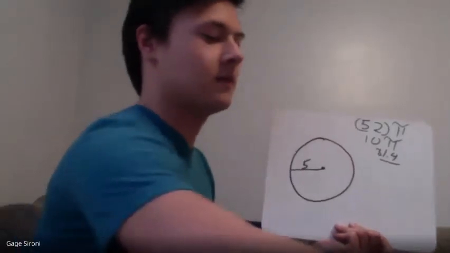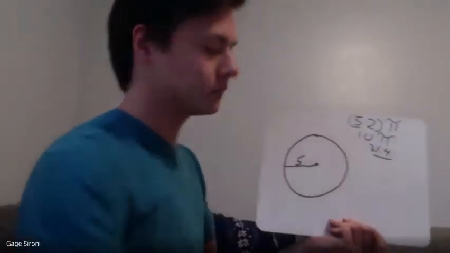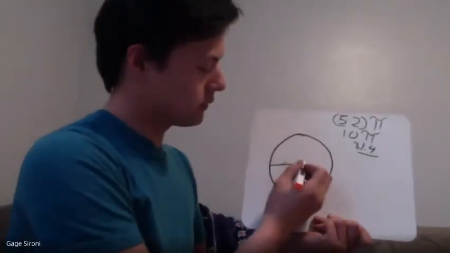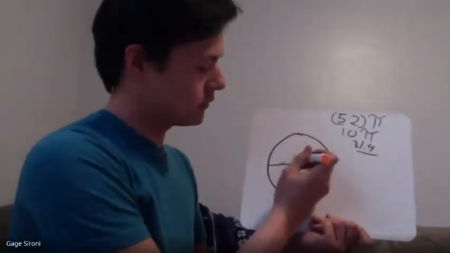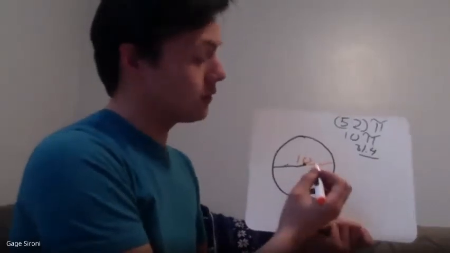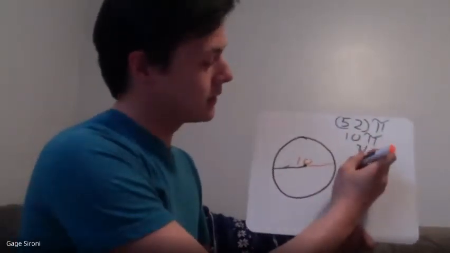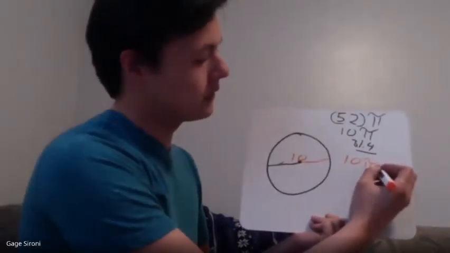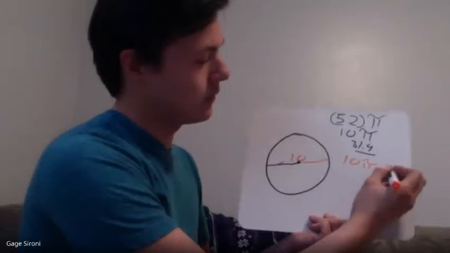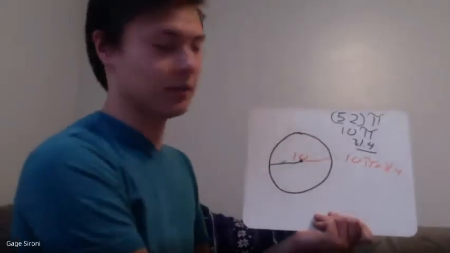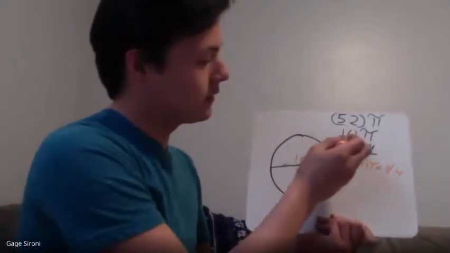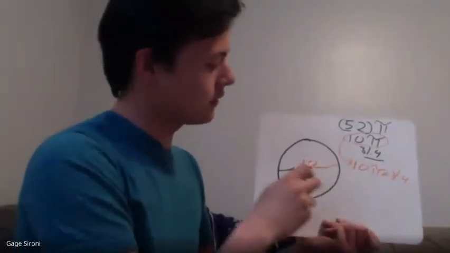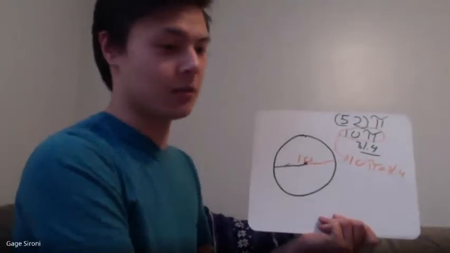If instead I'm given the diameter, in this case would be 10, we go 10 times pi equals 31.4. Diameter is a little bit faster, but as you can see right here, these are exactly the same thing because there are 2 radiuses in each diameter.